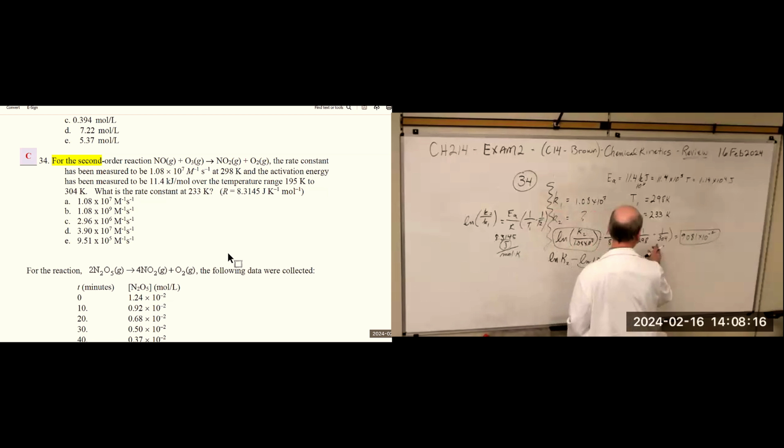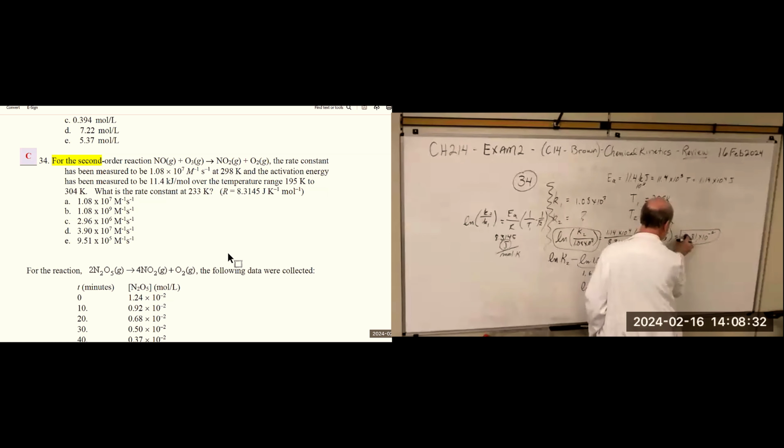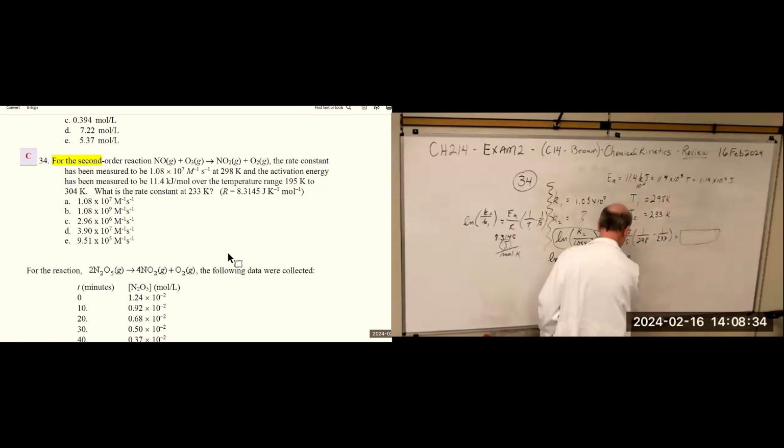Okay, so here, the first one is right, correct? 298. Yes. So this is 233. All right. Let's see, this value is going to change. That value is going to change.